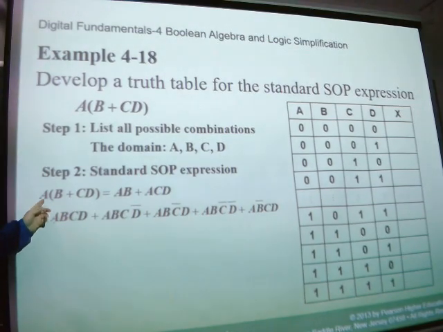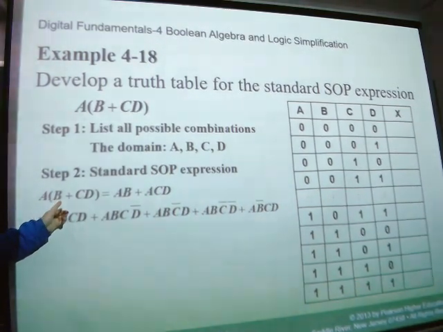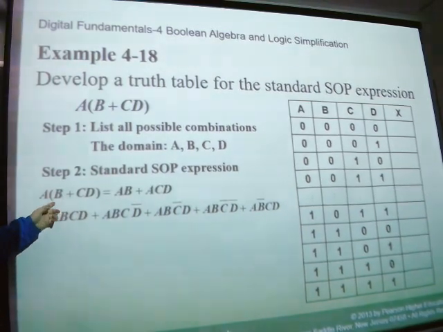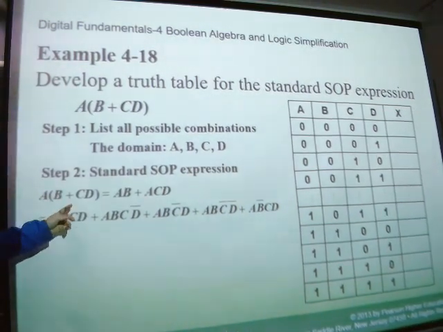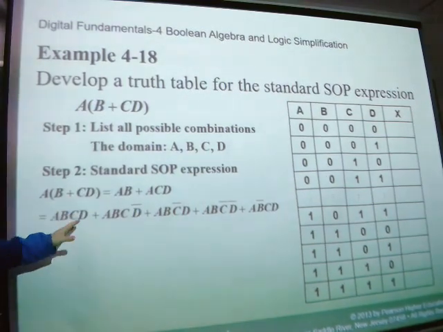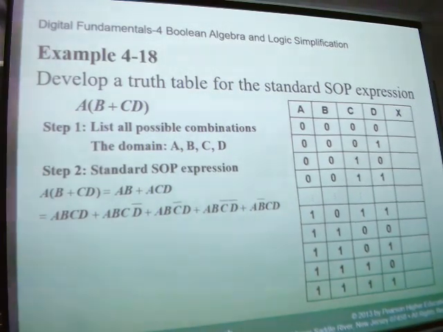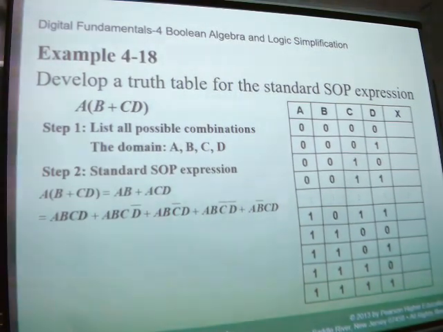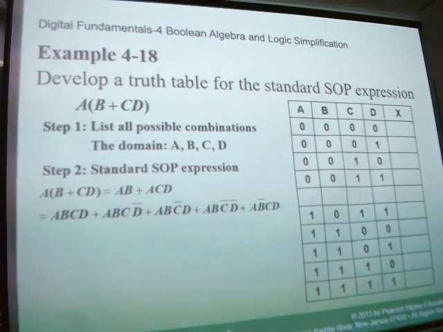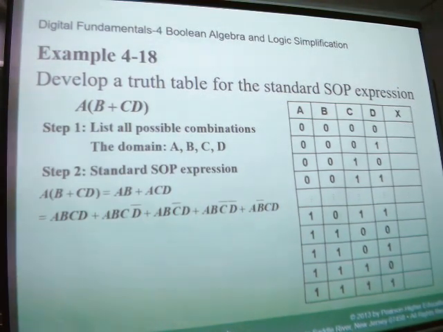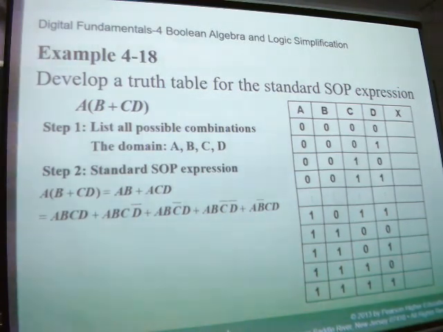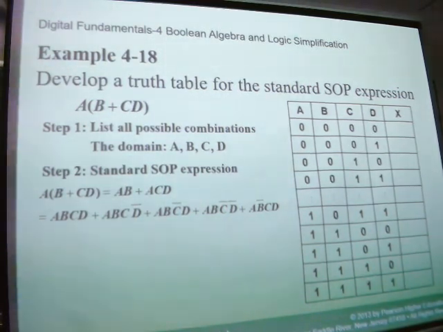The method is AB. According to distributive law, we know that it equals AB plus ACD plus ACD. Then AB. We know that AB equals AB1, right?